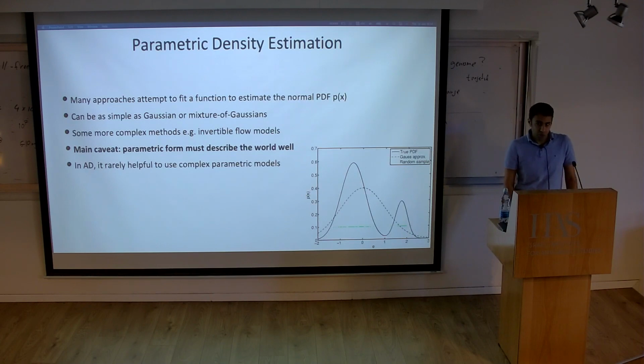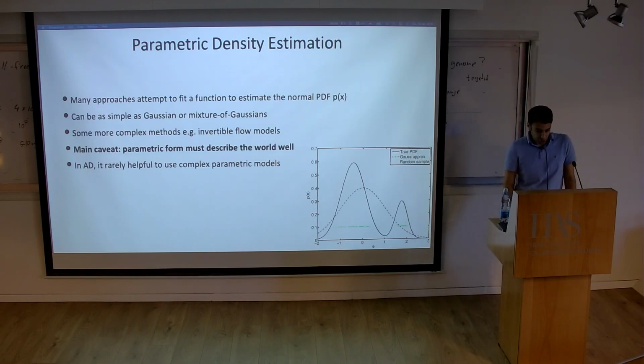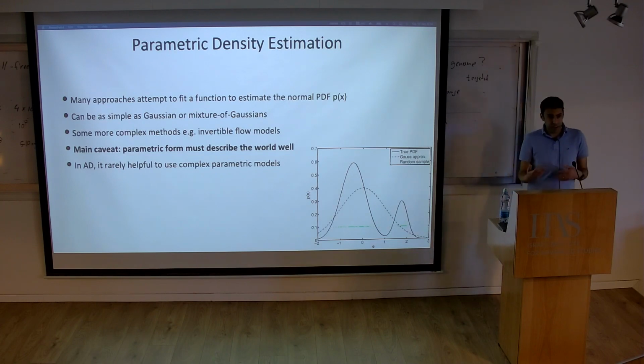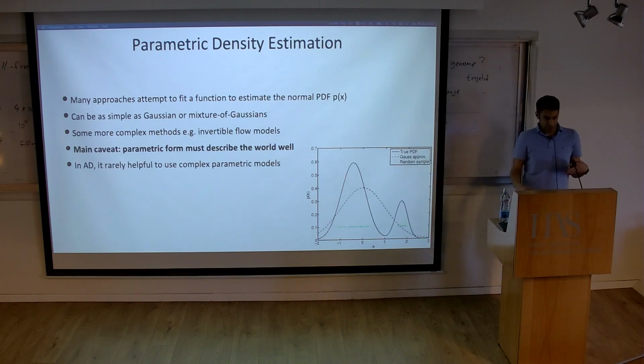One approach is parametric, in which we try to fit a function to estimate the probability density of normal data. And this can be as simple as a Gaussian distribution, but this can also be far more complex, such as deep flow models, or right now with deep learning, we have some fairly complex ways of estimating the probability density function of data, especially when it's high dimensional, so it becomes more challenging.